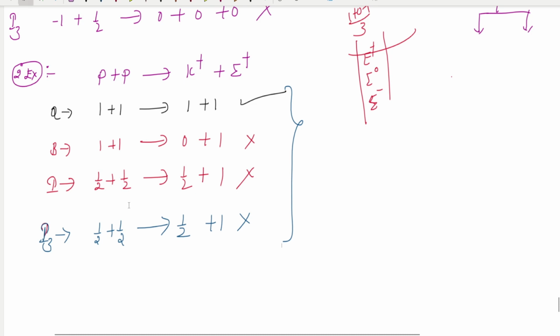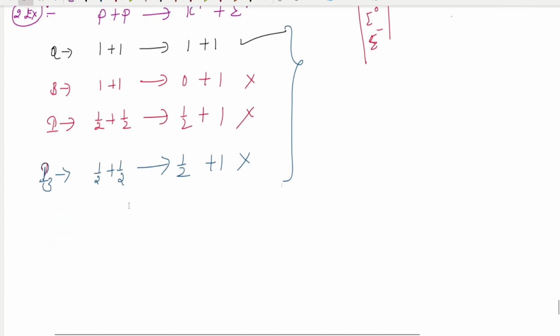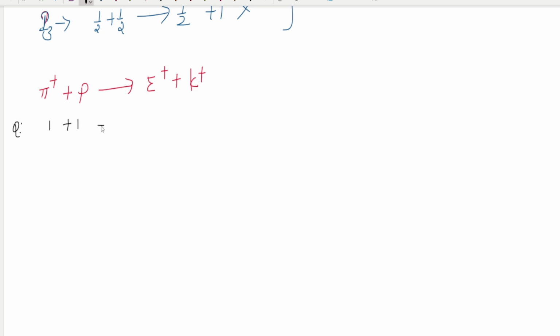Next, I'm going to check one important one: pi plus P tends to K plus and sigma plus. Sorry, this is K plus, not sigma. First, conservation of charge: 1 plus 1 tends to 1 plus 1.